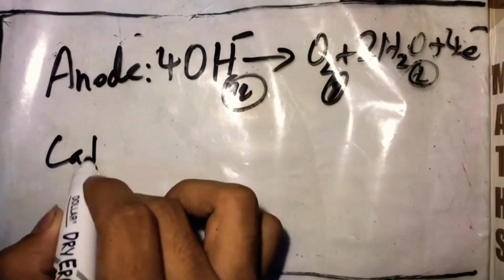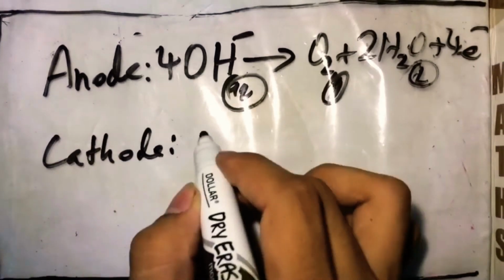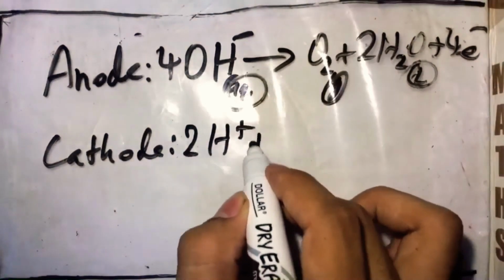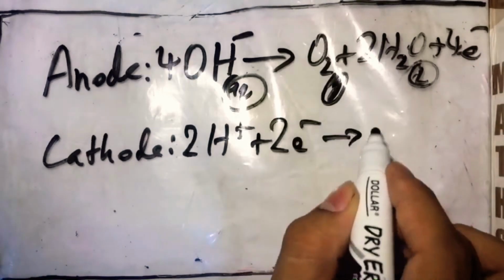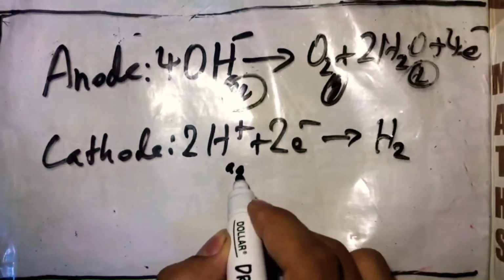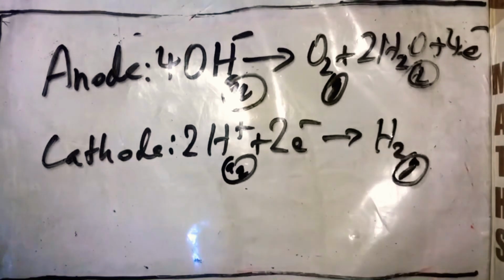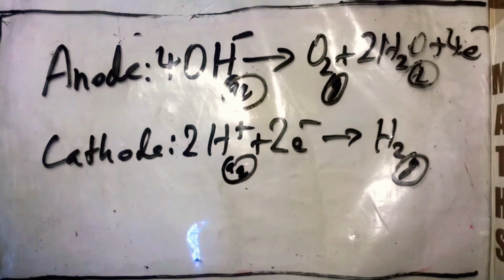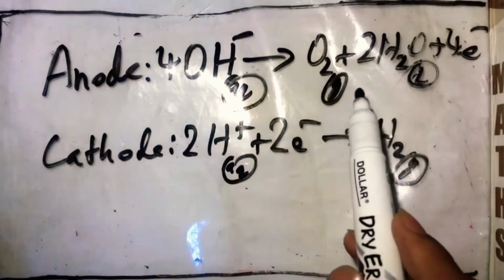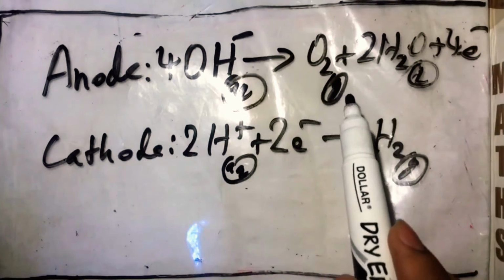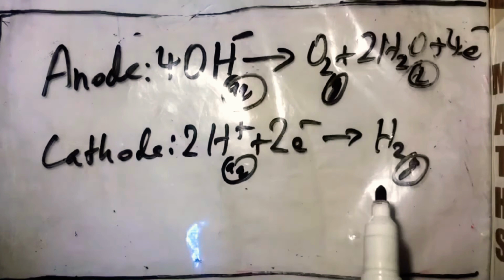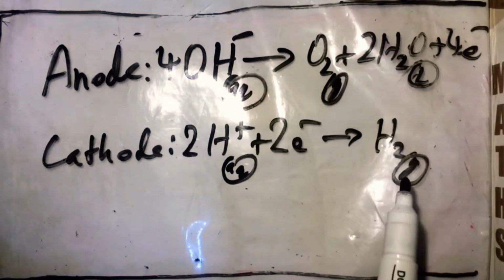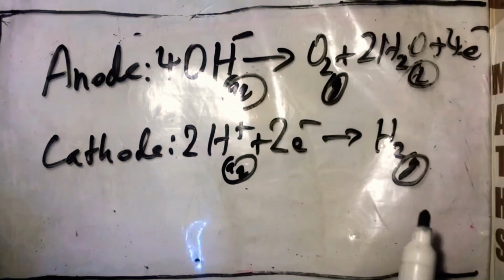At the cathode, 2 hydrogen ions will be reduced to hydrogen. Now here the observation will be that at the anode bubbles of colorless odorless gas are produced, that is oxygen, and at the cathode again bubbles of colorless odorless gas are produced, that is hydrogen.